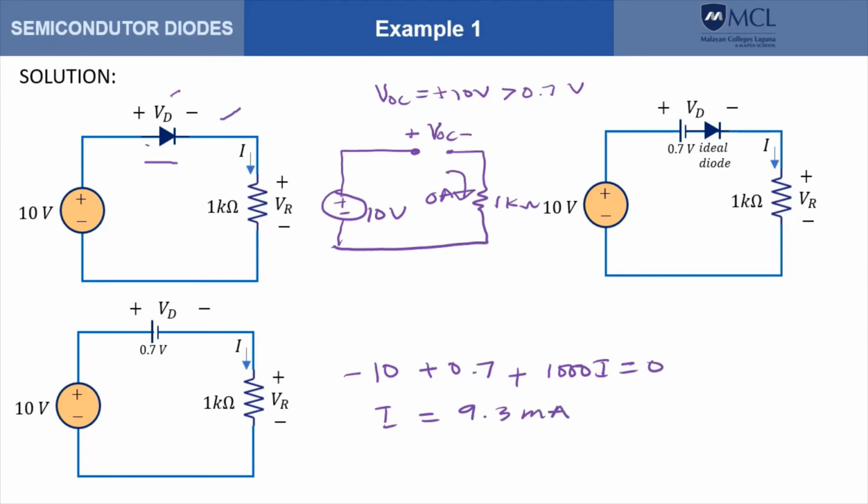We can compute V sub R by Ohm's law, that is 1000 I, which gives us 9.3 volts. For V sub D, that should be equal to V sub K, which is 0.7 volts.